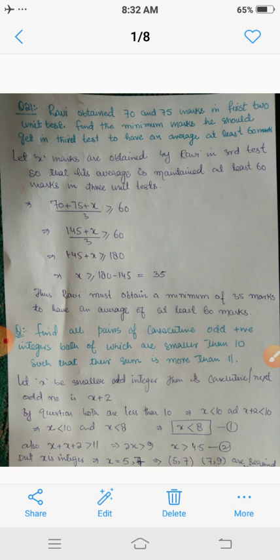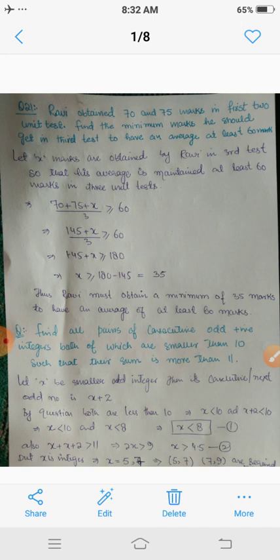Now another problem: find all pairs of consecutive odd positive integers, both of which are smaller than 10, such that their sum is more than 11. Now let x be the smaller odd integer, then its consecutive odd number is x plus 2.